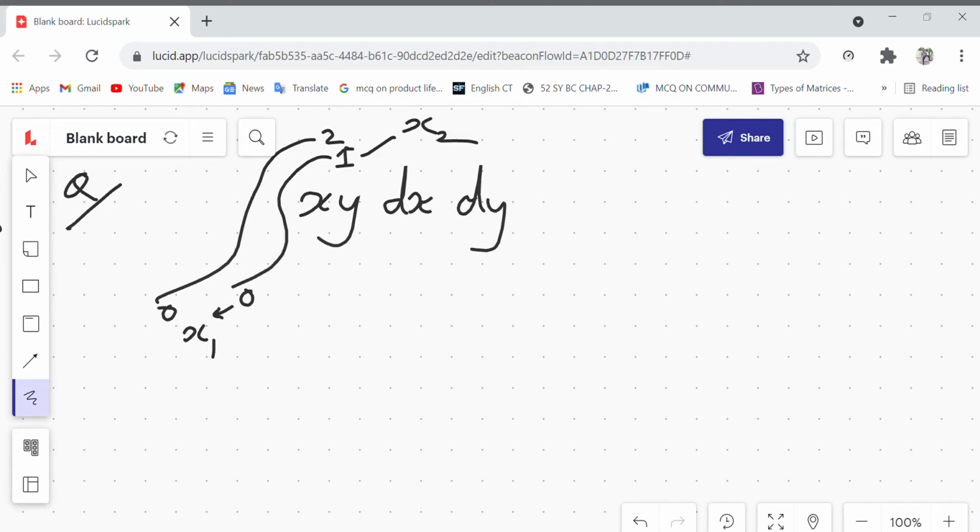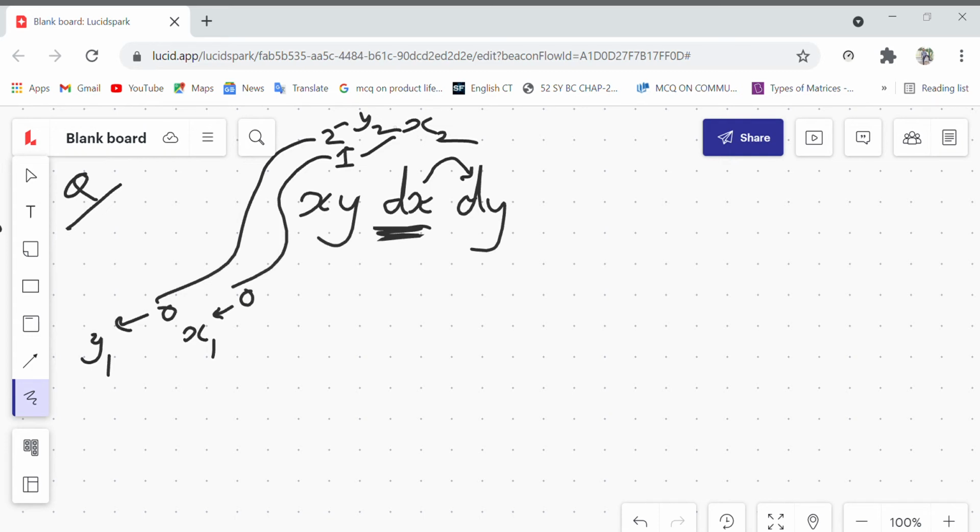So see, what's the trick? Why I told this one x1 and this one x2? You saw here dx is there. So take this as x1, this as x2. Then after dx, dy is there. Take this as y1 and this as y2.